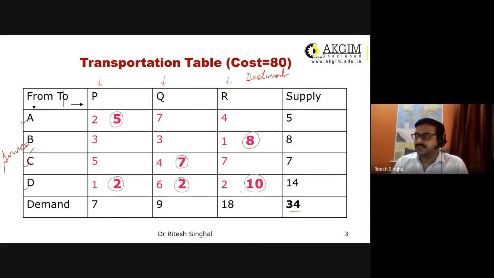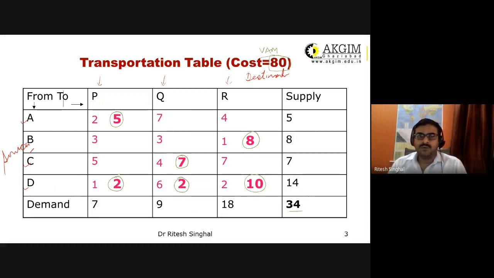All these 34 units have been transported through these routes: from A to P, from B to R, from C to Q, from D to P, D to Q, and D to R. And the cost of this problem using VAM, Vogel's approximation method, is 80, that is, the total transportation cost is 80.